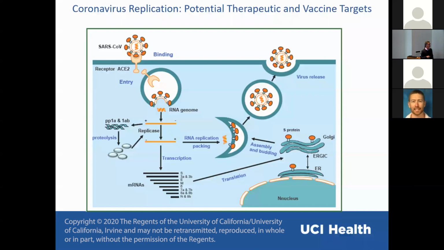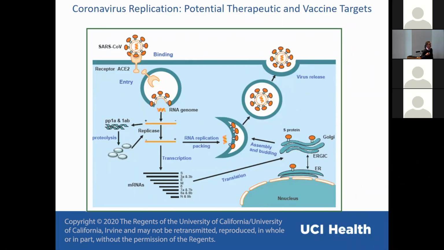And this attachment is done because of an interaction between the spike protein on the virus and ACE2 on host cells that are susceptible to infection. ACE2 is angiotensin converting enzyme 2, and that is a protein that's expressed on many cells, but importantly for our discussion today, is expressed on cells in both the upper and the lower airway.